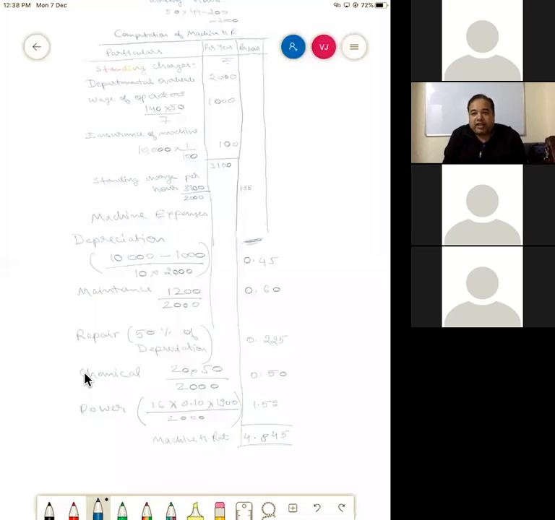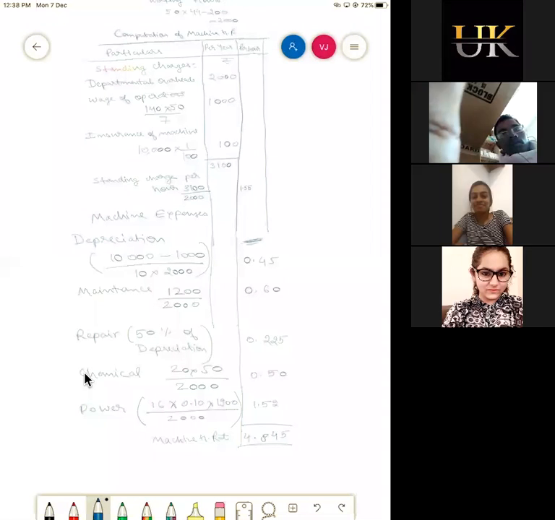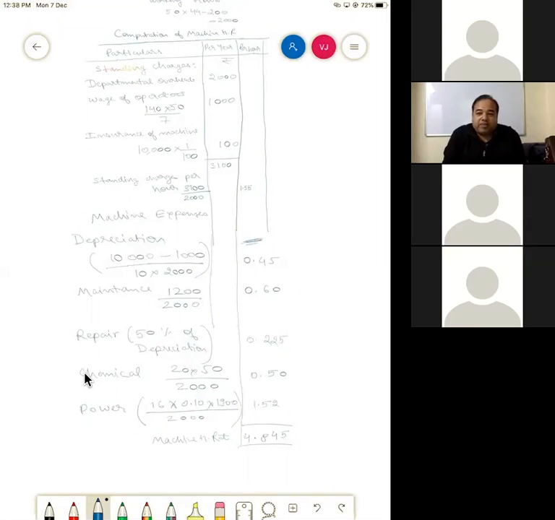Once we add overheads into that prime cost, we arrive at work cost. Then we add administrative expenses, that comes to office cost. In office cost, we add selling and distribution charges, we get total cost. And to that total cost, we add profit, and what we generate is sales.